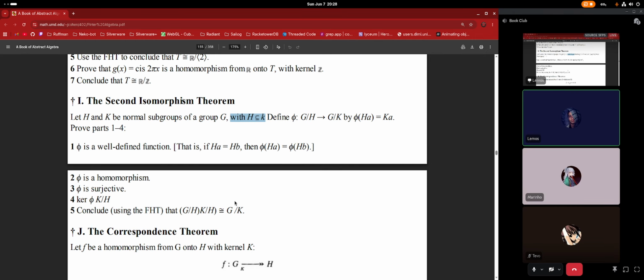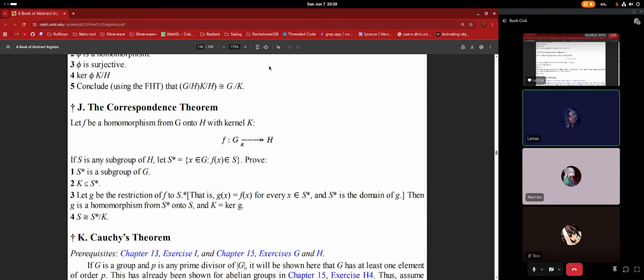I guess the intuition is that you have an outer group, then you have two subgroups, but one is inside of the other. You can completely eliminate the smaller one. Okay, that's cool.